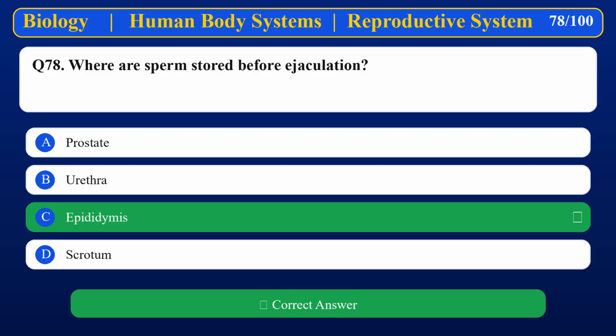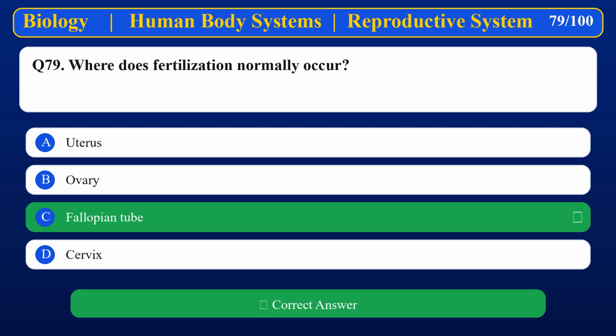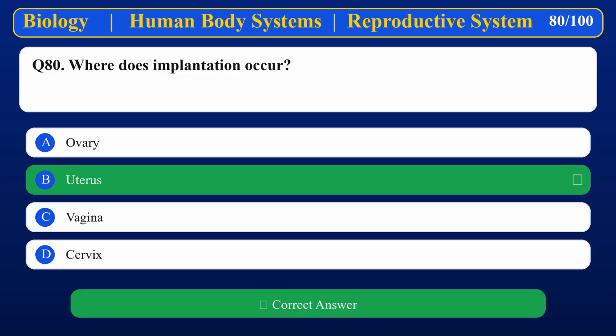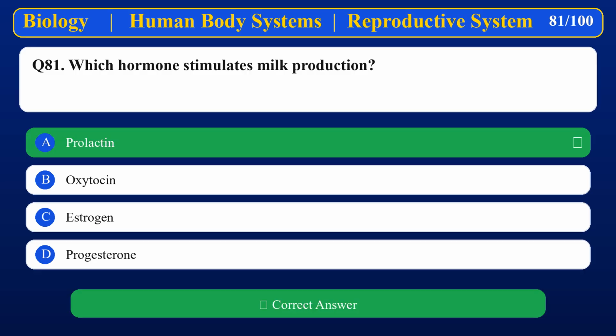Where are sperm stored before ejaculation? Epididymis. Where does fertilization normally occur? Fallopian tube. Where does implantation occur? Uterus. Which hormone stimulates milk production? Prolactin.